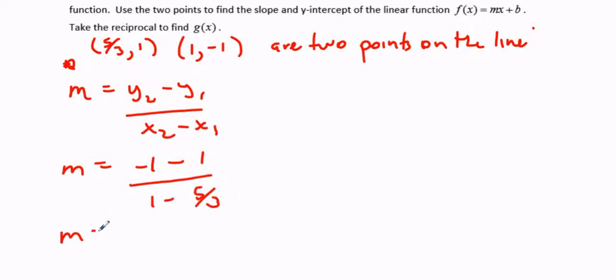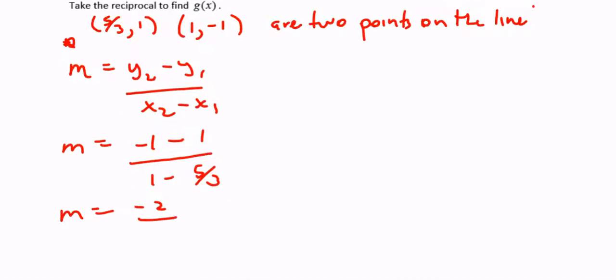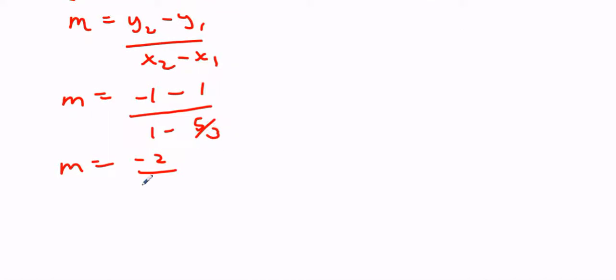So the slope is -2 over -2/3. And if I'm writing that as a proper fraction, that's going to be -6 over -2, which is +3. Okay, so I've got the slope of my line.